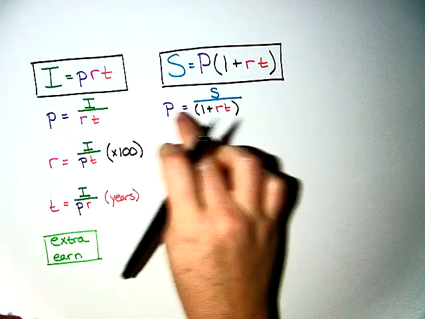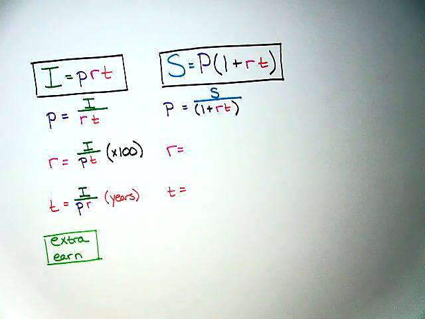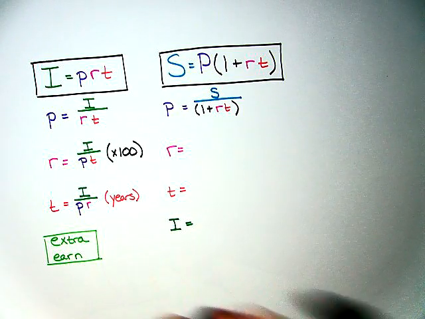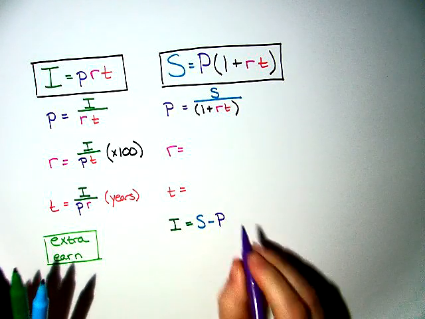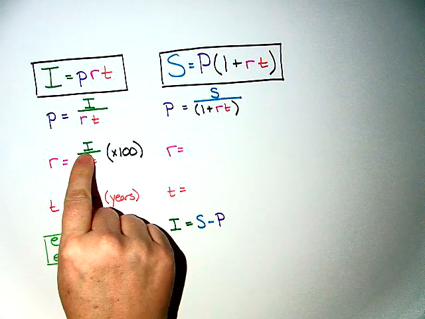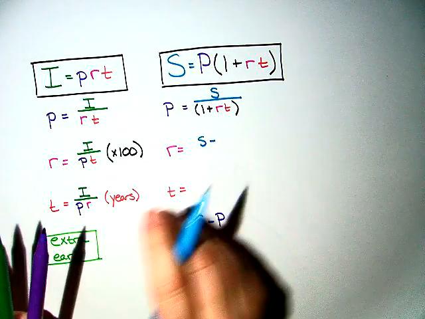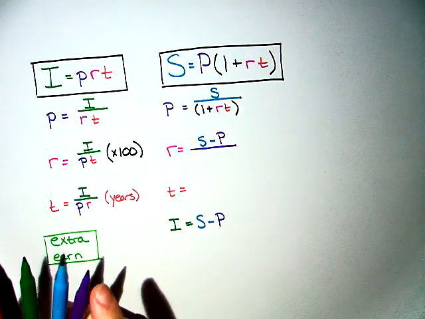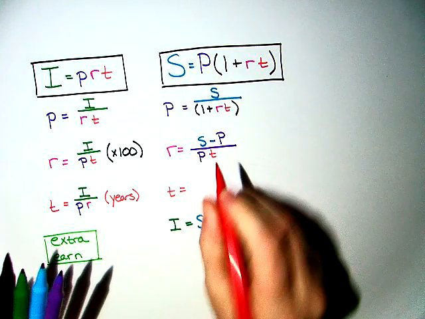So these two formulas look very different. However, these formulas are actually very, very simple because we know that your interest equals your summative amount minus the principal amount. So when we do R, instead of putting I, we're actually going to be writing S minus P, and then dividing by the principal multiplied by the time in years.